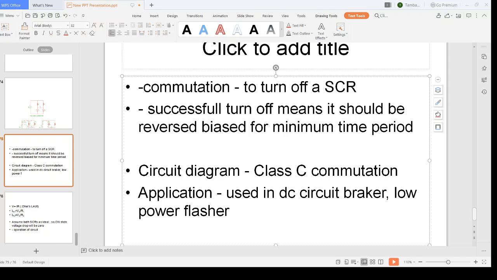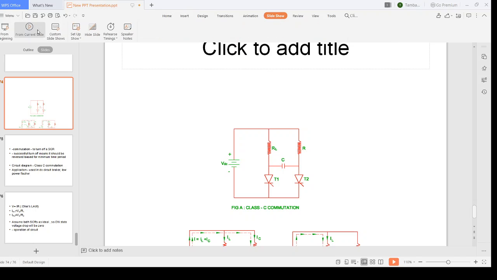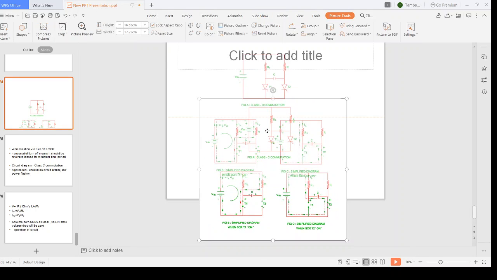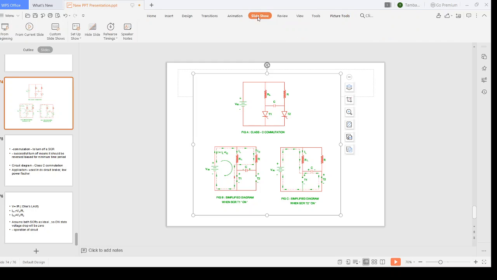So at the end we have to summarize whatever we have learned. In this class C type of commutation, we have to refer to three diagrams. All these three diagrams are simple to understand.